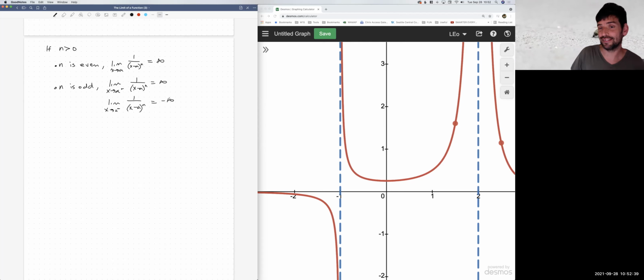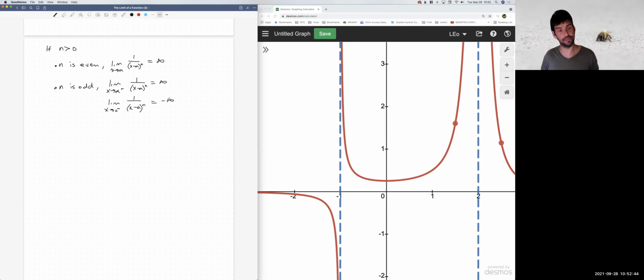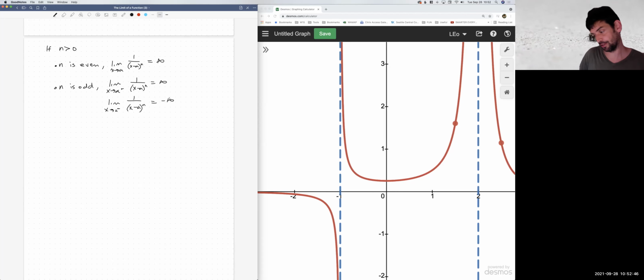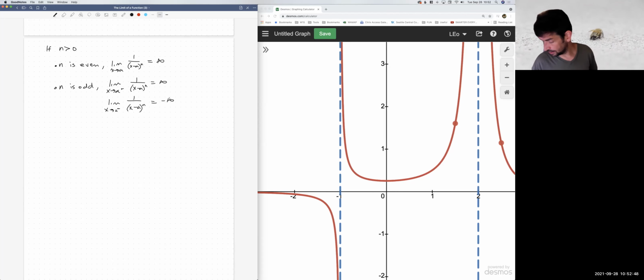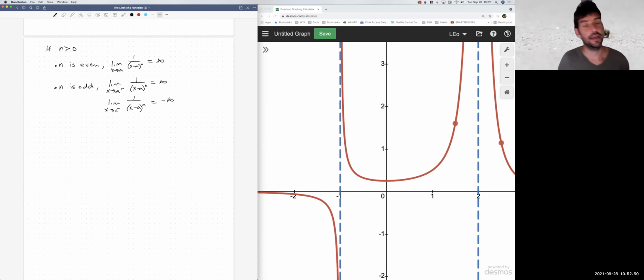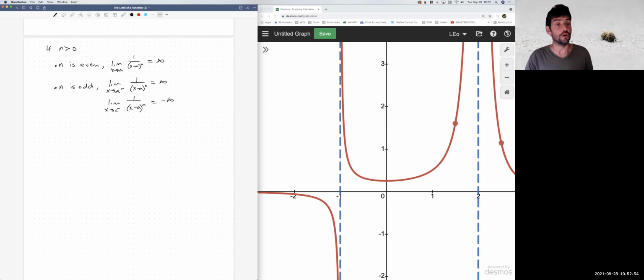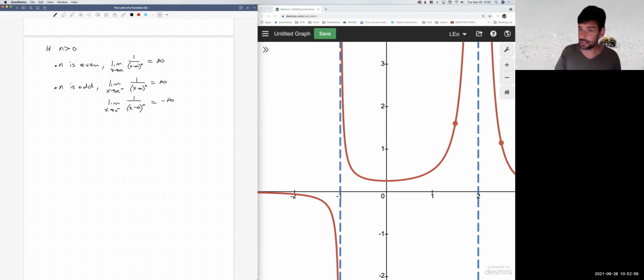But if we're below, it's negative, and we're taking it to an odd power, so a negative comes out. So we get incredibly tiny negative numbers, we take the reciprocal, we get incredibly large negative numbers, okay?